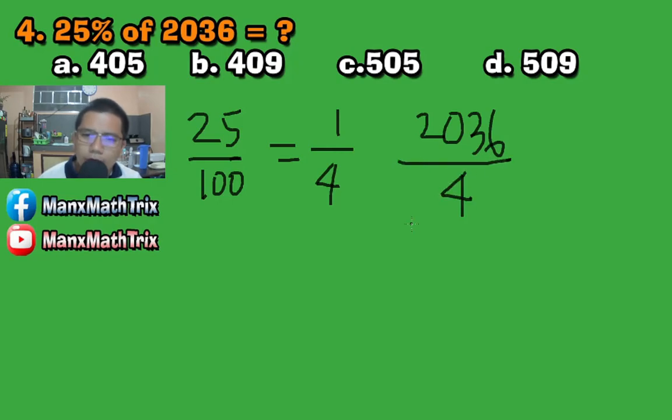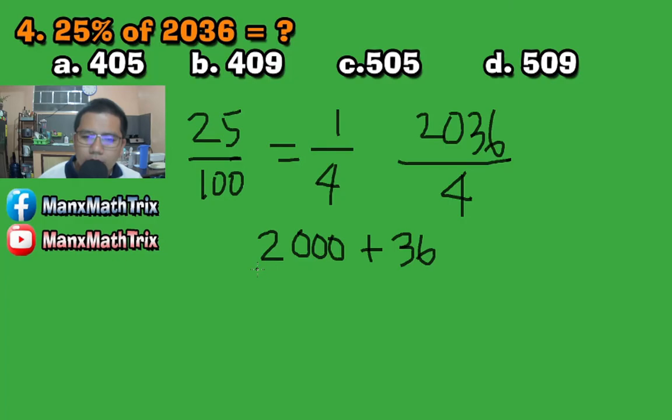And then, may pabonus din ako matrix para sa inyo, para sa problem na to. Diba ang 2036, pwede natin siyang sabihin, iwalay natin siya, 2000 plus 36. So, bakit ko ginawa to? This is because sa mga numbers na to, ay mas madali siyang i-divide by 4.